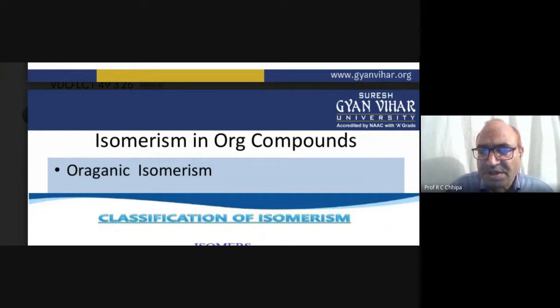Here the alkane: six carbon atoms in a linear chain. In this case the carbon is 6, and hydrogens are 6 into 2, 12, plus 2, so that is 14. So C6H14 is the molecular formula of hexane.